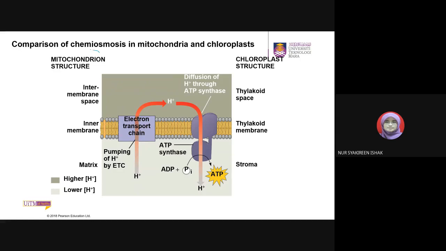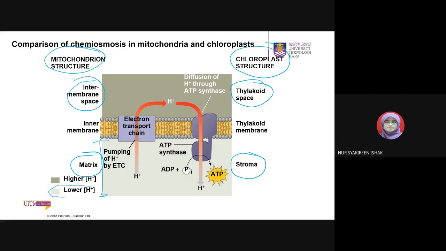Okay, so kalau mitochondria, region dia adalah matrix dan juga intermembrane space. Kalau dia adalah chloroplast, region dia adalah thylakoid space and also stroma. The light colored area is where hydrogen concentration is low. The darker region here is where concentration of hydrogen ions is high.